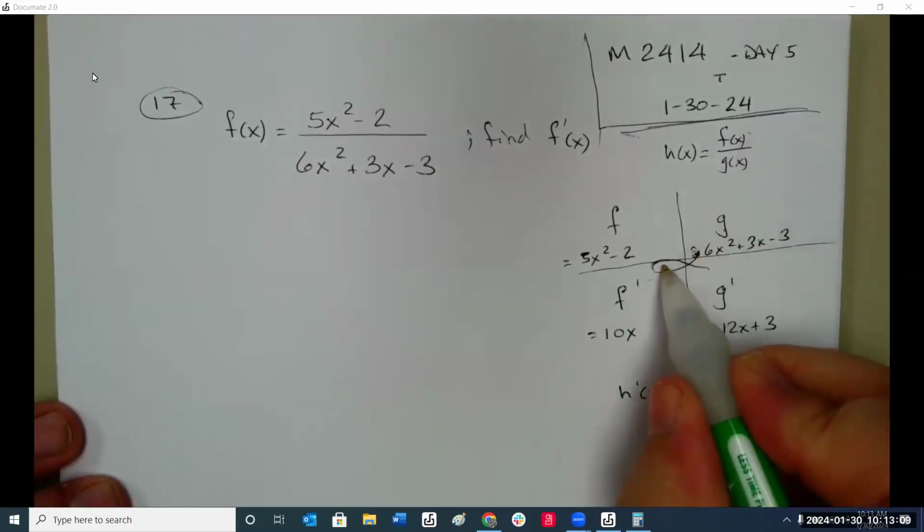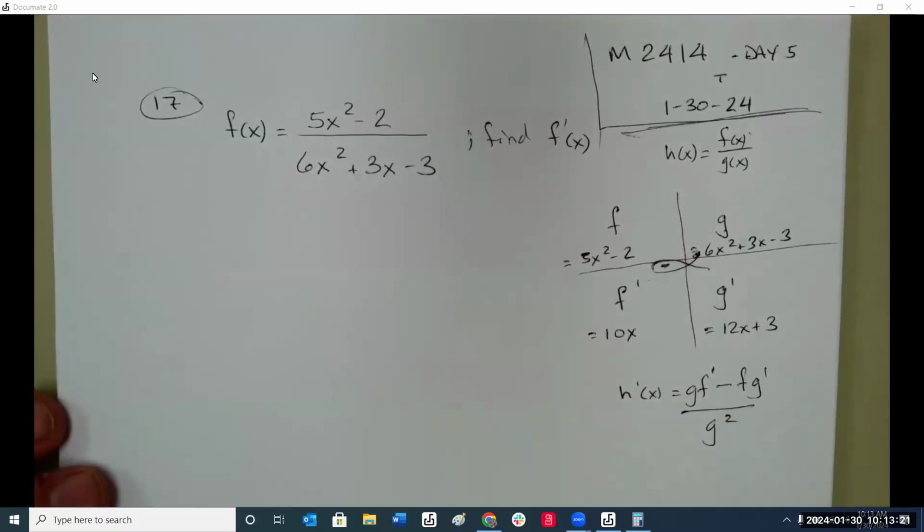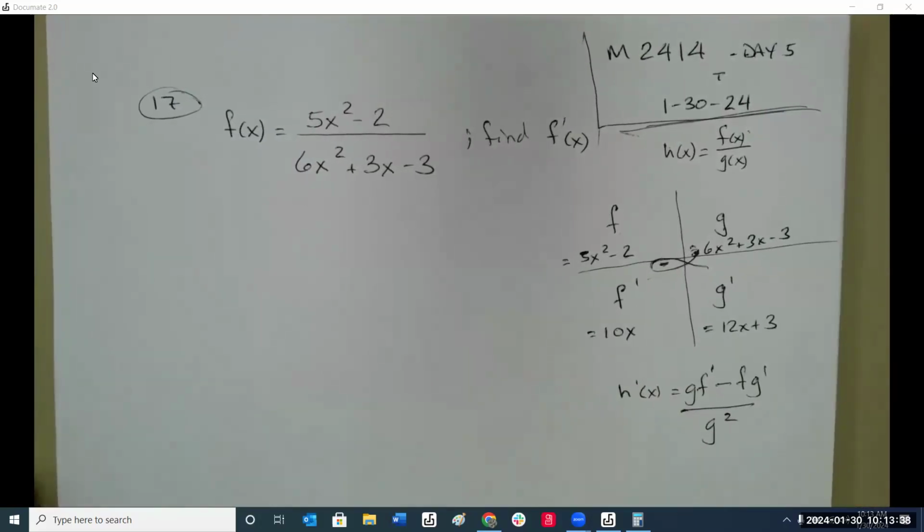Since it's division, we're getting it smaller, so we subtract f to g prime. All over the denominator squared. And in the product rule, instead of a minus, we have a plus. But this makes it much easier to memorize. Use a little fishy thing. Everybody knows that fishy thingy.